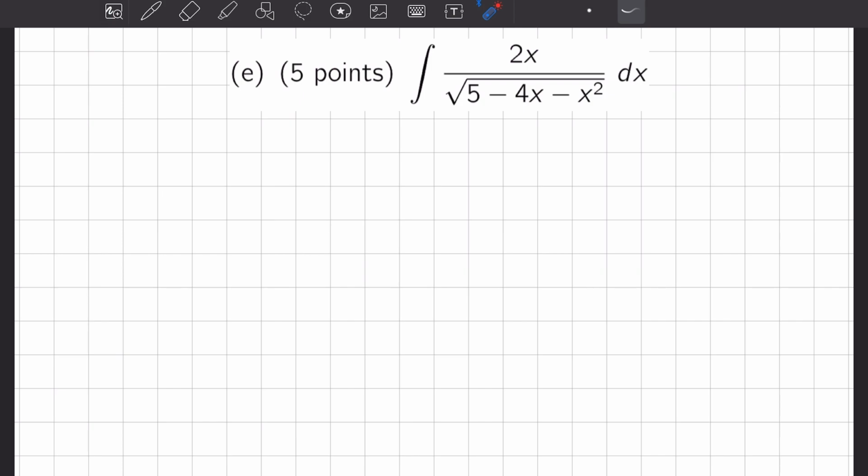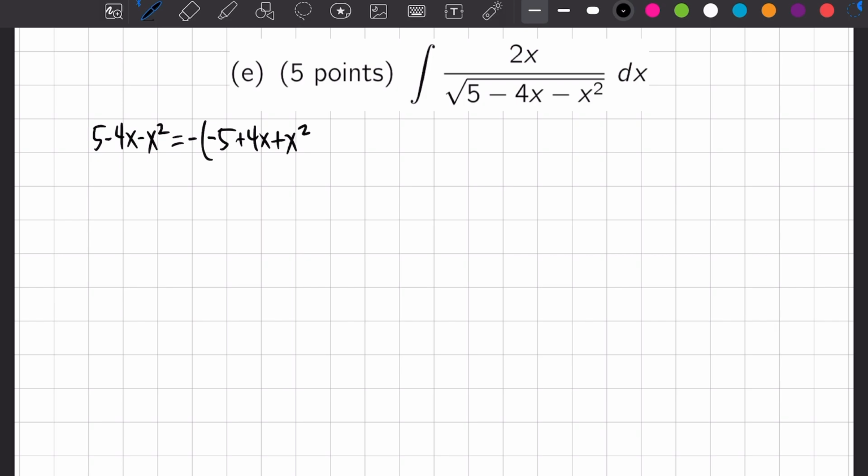So it might not be wise for us to do such a thing. Instead, what we can do is try to complete the square in this one, and let's see what happens. So what we have here is 5 minus 4x minus x squared. This one we can rewrite as the negative of negative 5 plus 4x plus x squared.